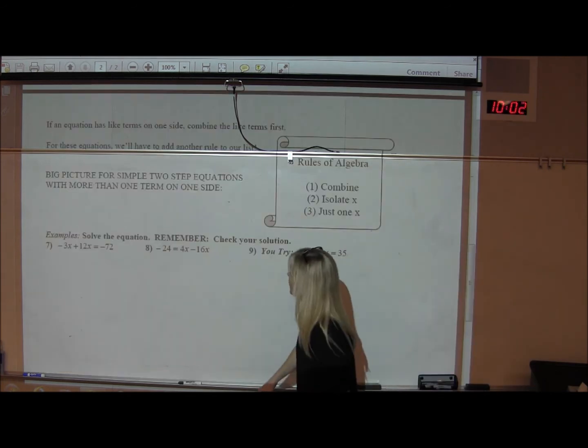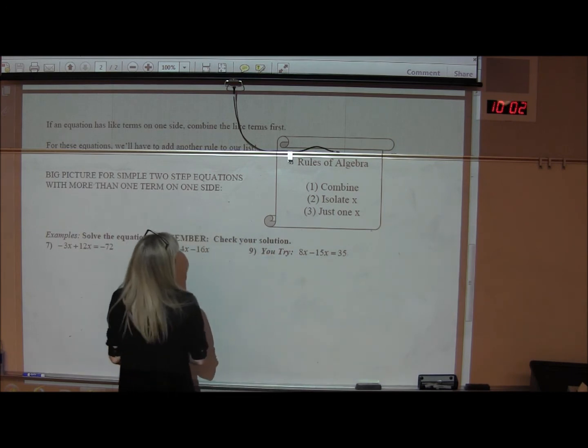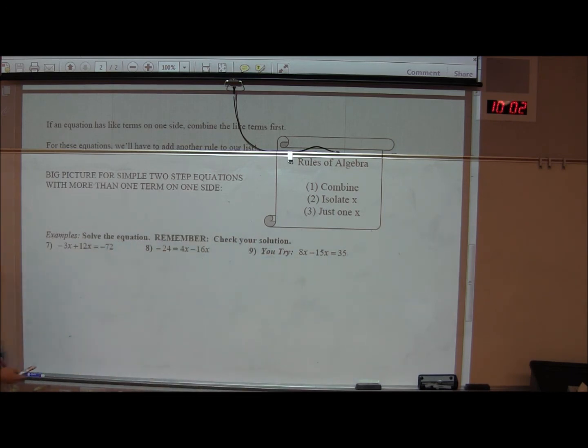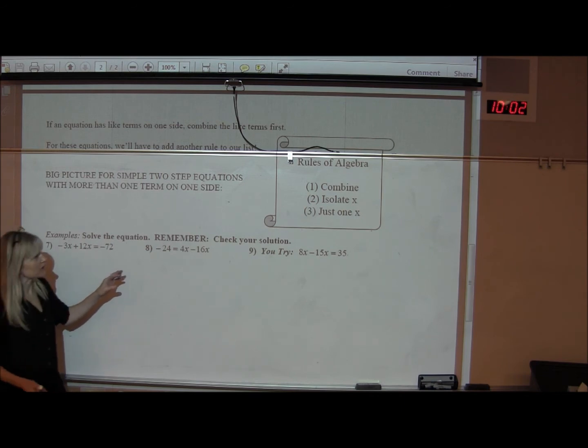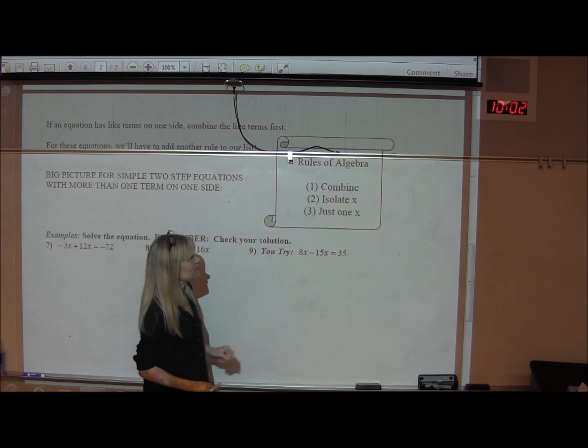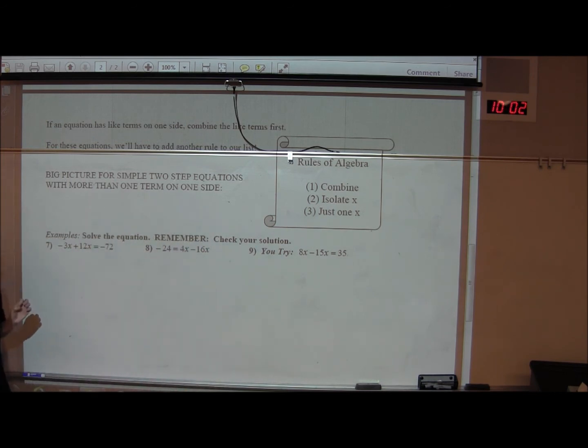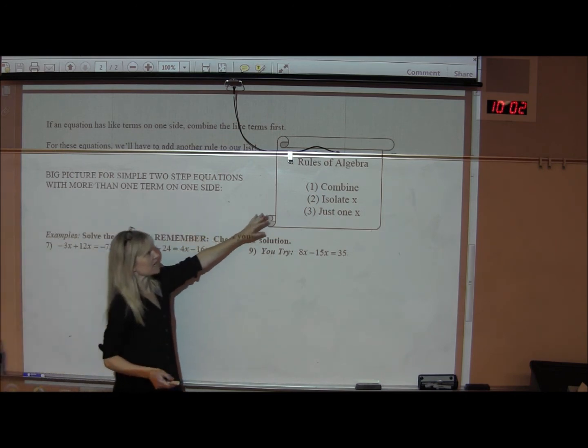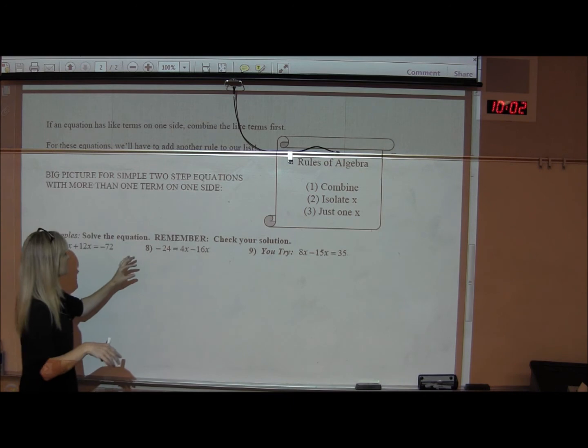Okay. All right. So now we've added a new step, because we have more than one term sometimes. And so before you do your isolate and your just 1x step, you're going to combine like terms. And when I say combine like terms, I mean just the ones that are on the same side, because these next two steps take care of the ones that are on the opposite sides.